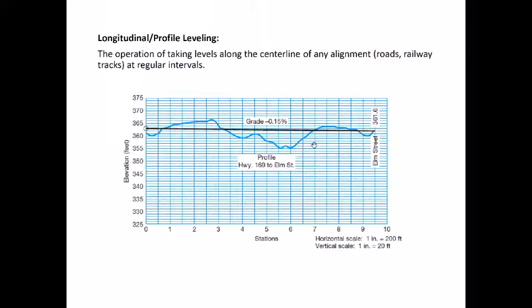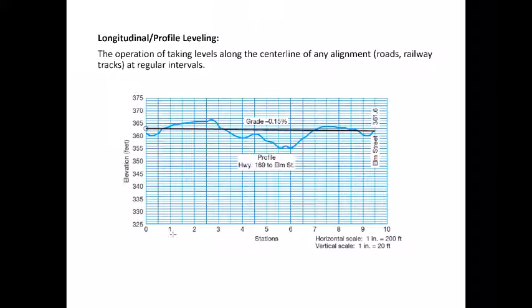The image that you see over here is a sectional view of the center line of the road and correspondingly the ground topography. So this is how the ground is changing. On the y-axis we have elevation or the reduced level, and on the x-axis we have stations.